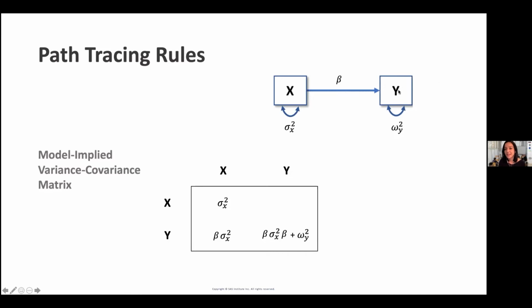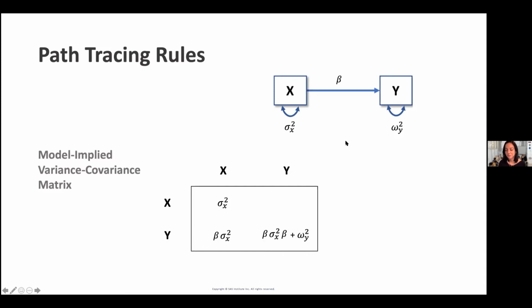And the way we do that is back through beta, turn around through sigma squared of x, and ride forward toward y through beta. And remember, we multiply the paths along the way. That's what we have right here. The first element of this expected variance is beta times sigma squared x times beta. Of course, I can simplify this just by putting beta squared, but I wanted to be very detailed as to what those steps were.